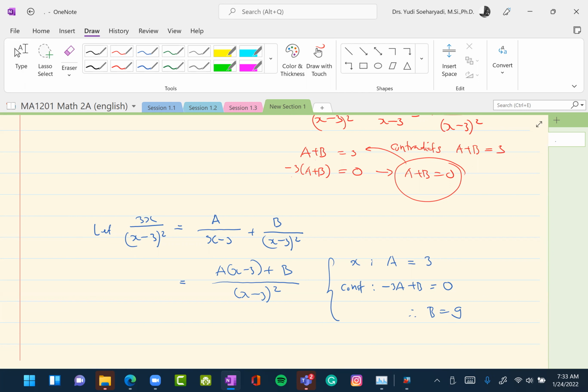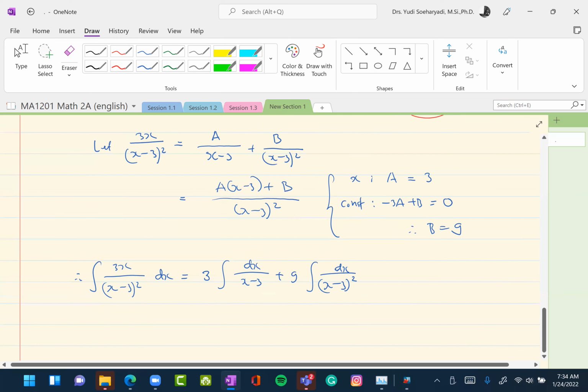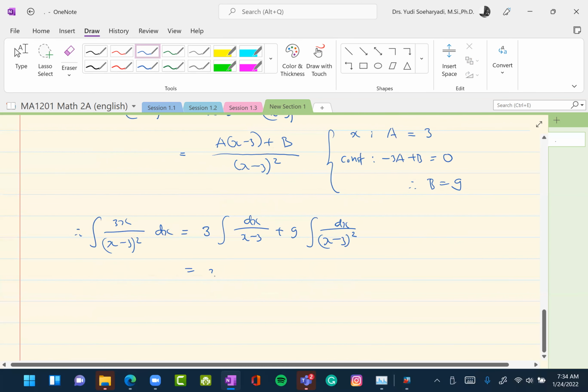Then the integral is just this integral. So in here you get 3 ln.